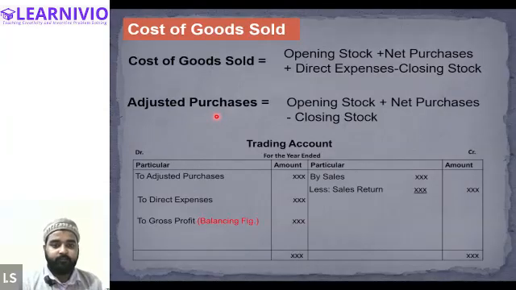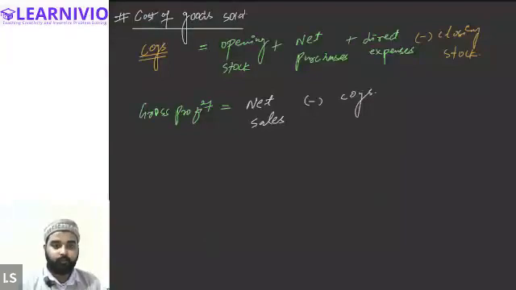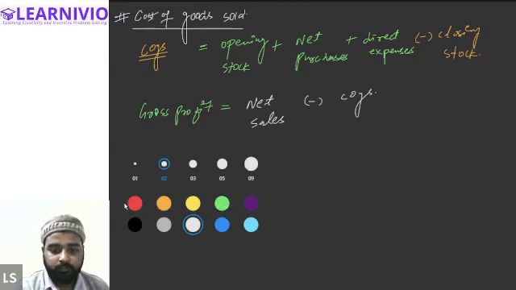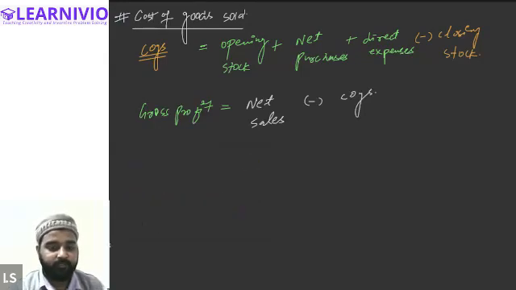Okay. So basically, we have discussed three formulas. The first formula was about cost of goods sold, then the gross profit, and then finally the adjusted purchase.